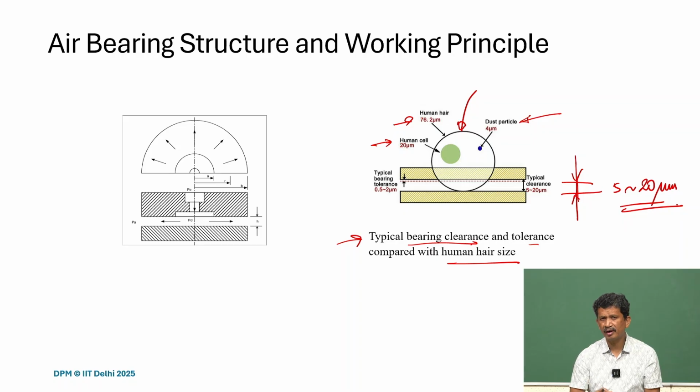But to be very precise, to work with these porous air pads or porous air bearings, it will be of the order of 4 to 5 micron. So we are working in the 5 micron range, not even 20 micron. Now imagine the flatness requirement of the surfaces.